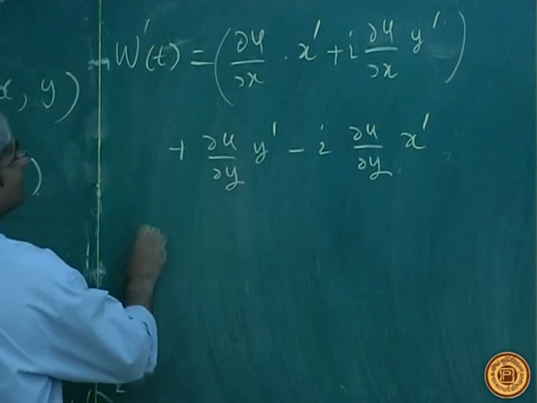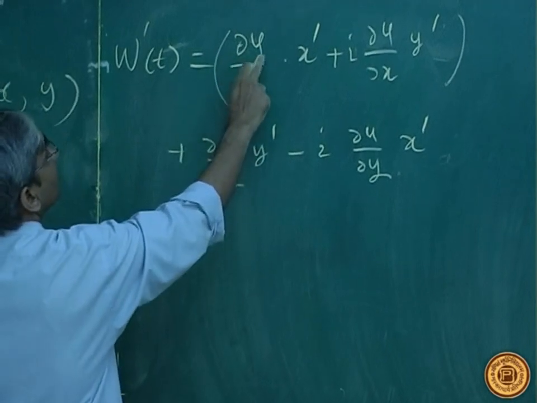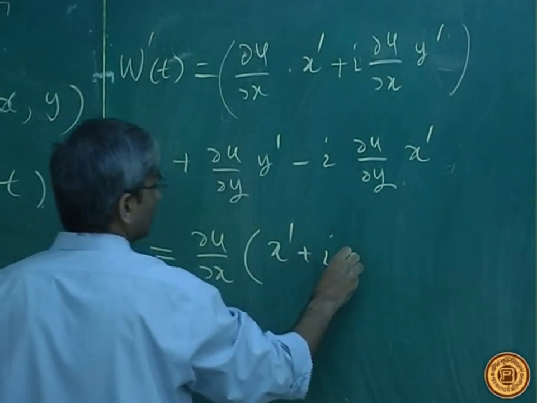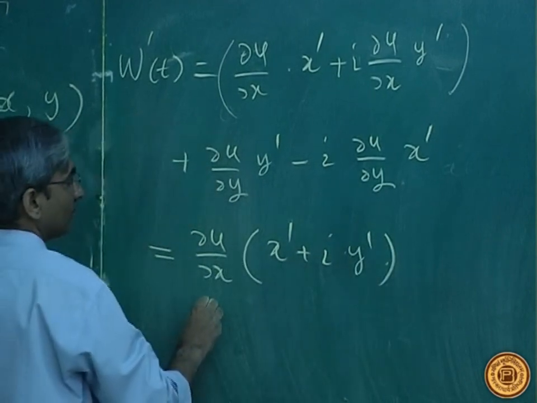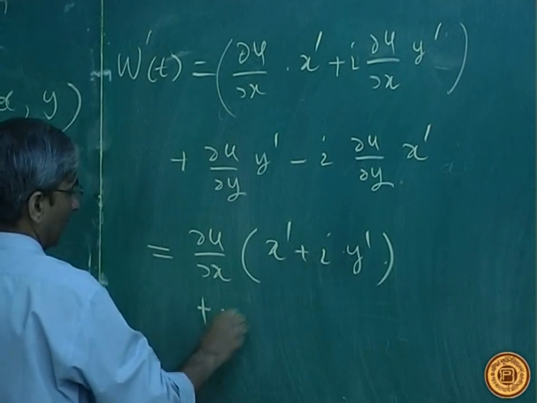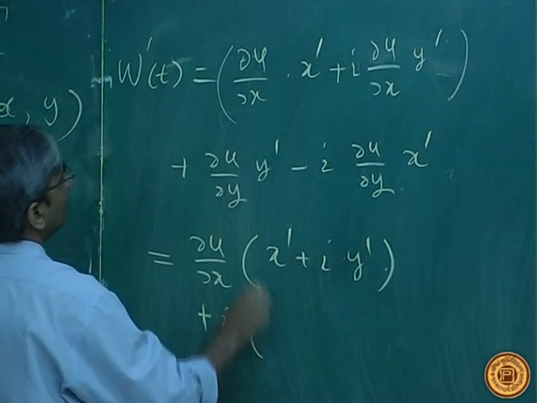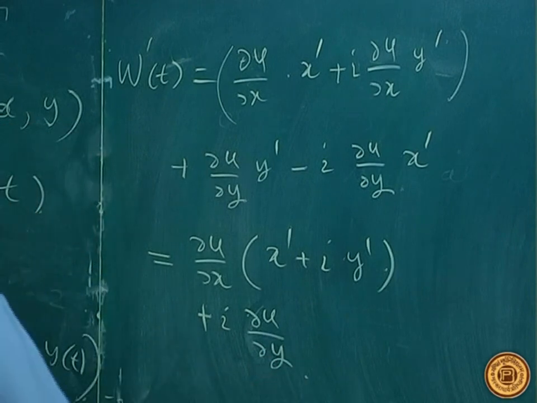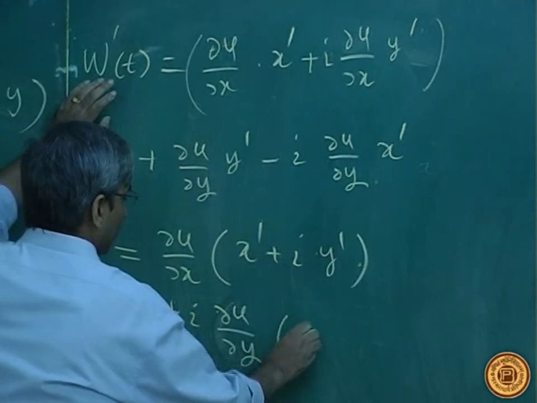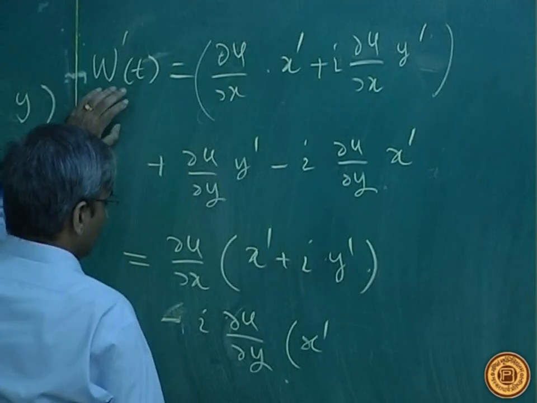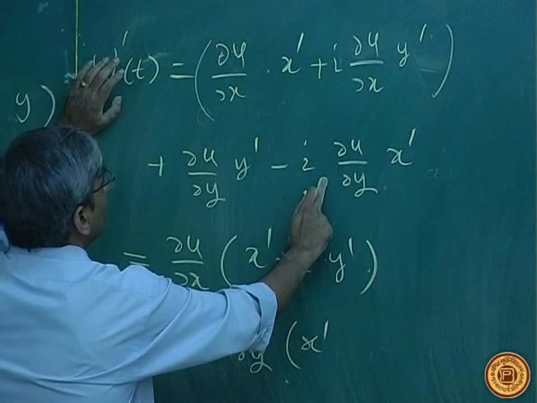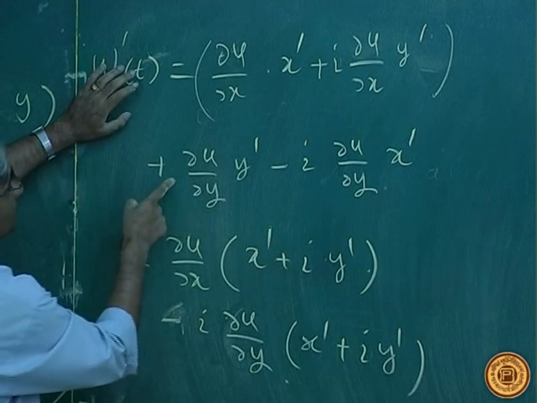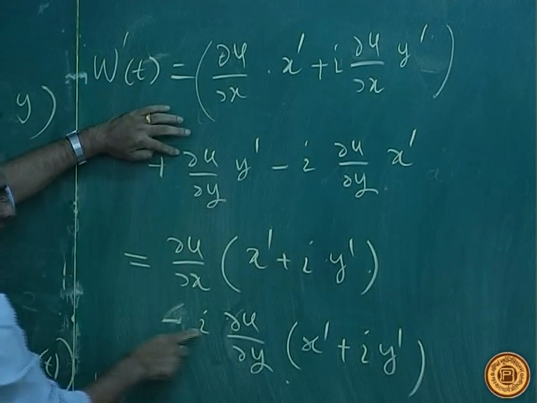So you get that it is equal to, if you take ∂u/∂x outside, ∂u/∂x into bracket x prime plus i times y prime, plus i into, if I take minus i outside, ∂u/∂y, x prime plus i times y prime, because minus i into i is plus 1.